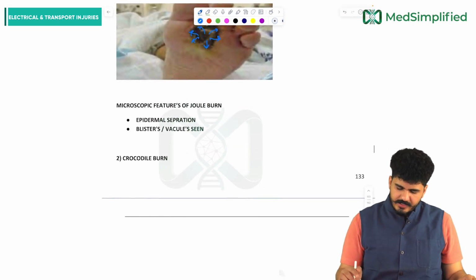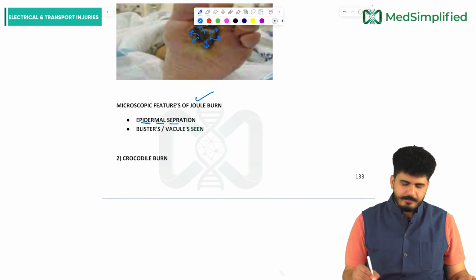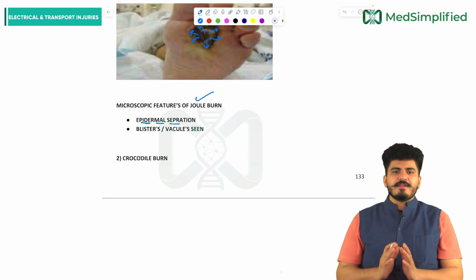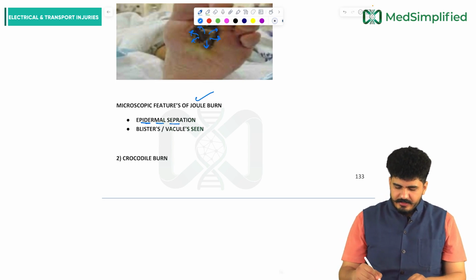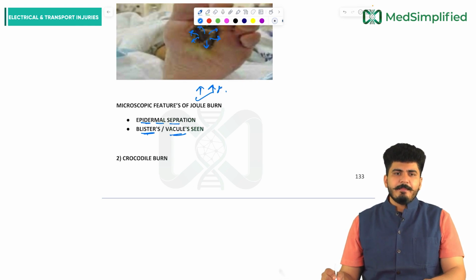Second, the microscopic features of the joule burn that you need to remember: epidermal separation is there. The epidermis layer is separated, which leads to raised margins. Plus, blisters and vacuoles are sometimes seen because of the epidermal separation.